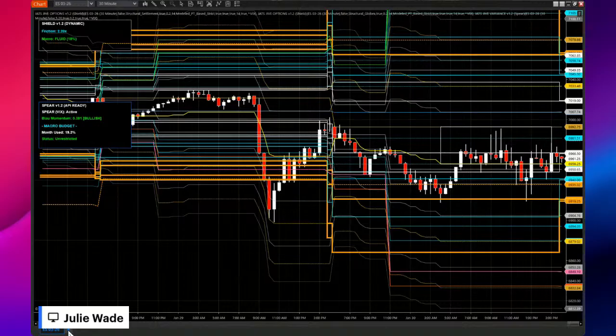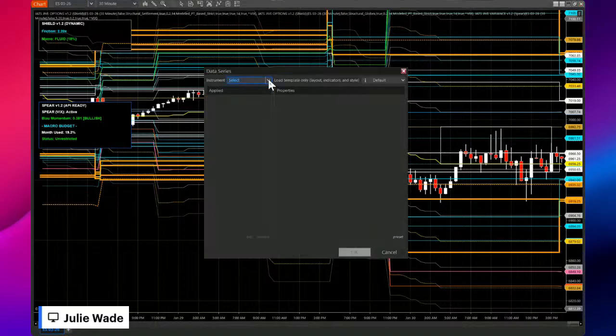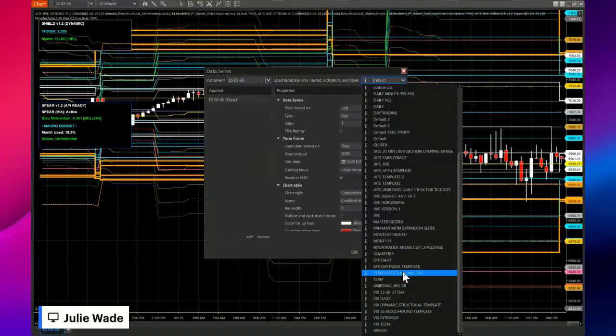But we can also add higher time frame analysis. So let's put up a weekly.